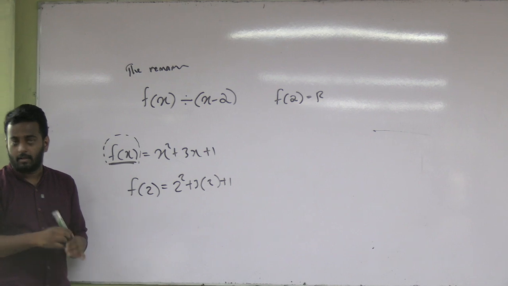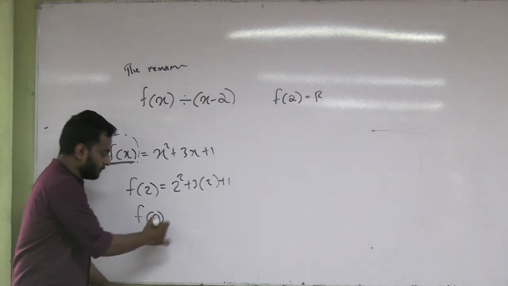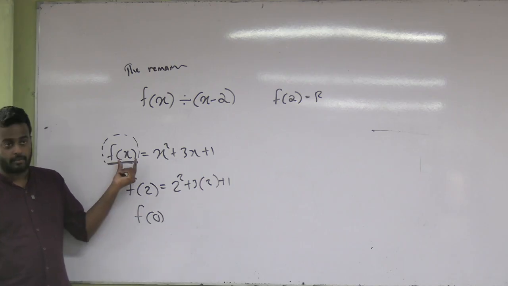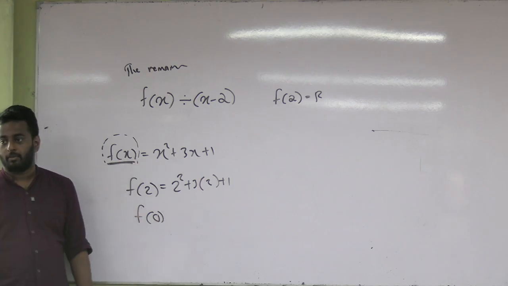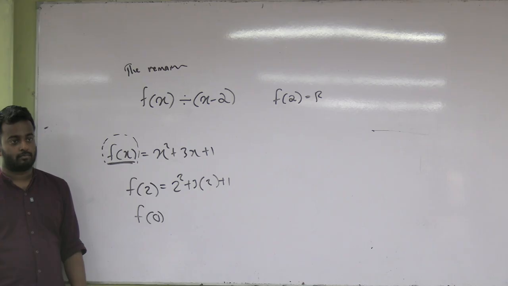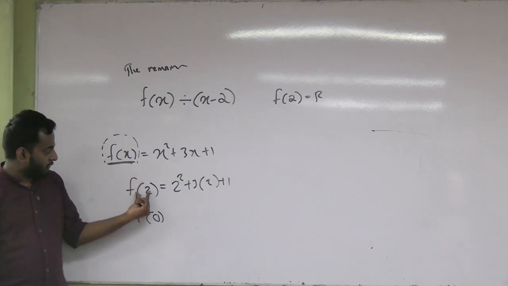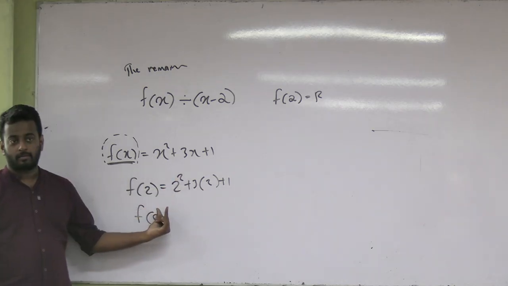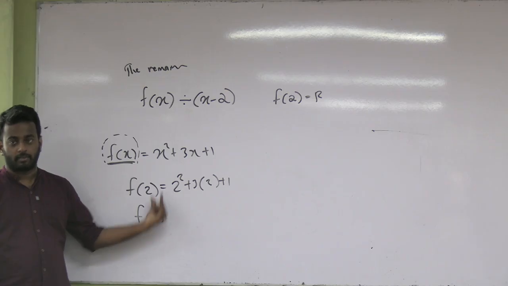Are you all okay with that? So what if you have to find f(0), what should you do? Newcomers, this is the function f(x), and you are supposed to find f(0). What should we do? So if f(2) means substituting x equals 2 here, f(0) means substituting x equals 0. That's it.